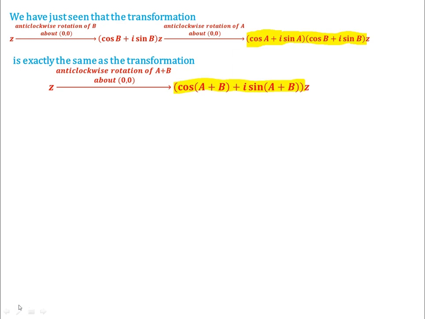In other words, we're saying that cos A plus i sin A times cos B plus i sin B must be exactly the same as cos of A plus B plus i sin of A plus B.